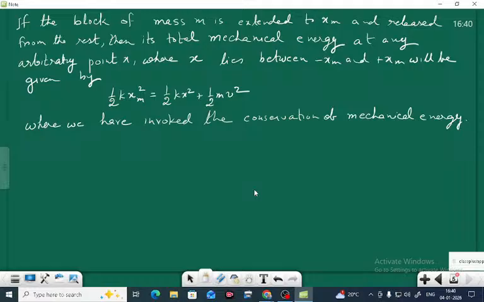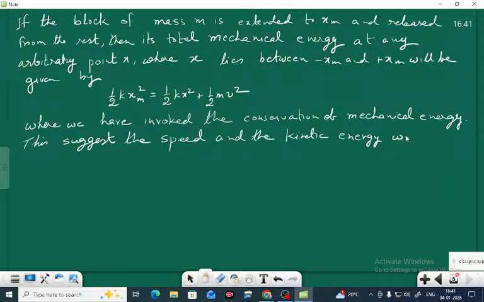This suggests that the speed and the kinetic energy will be maximum at the equilibrium position x equal to 0.